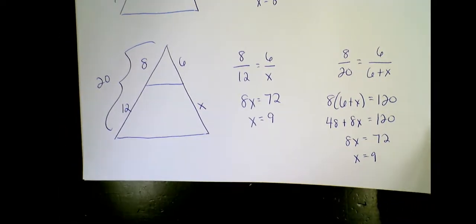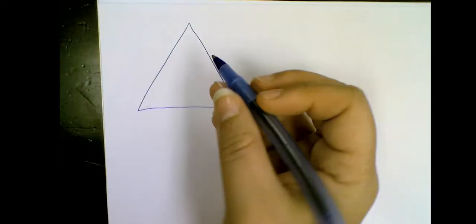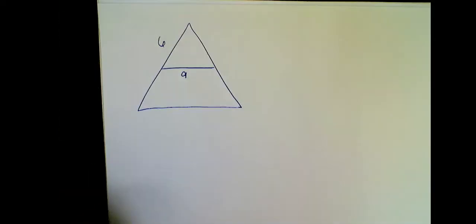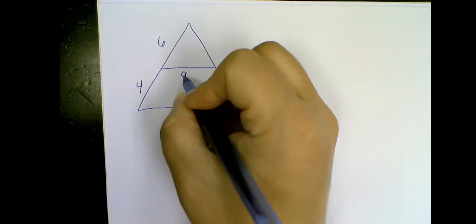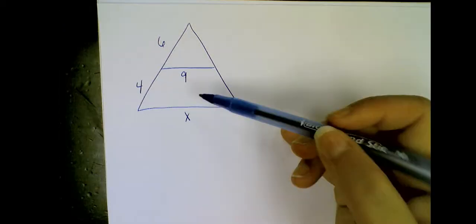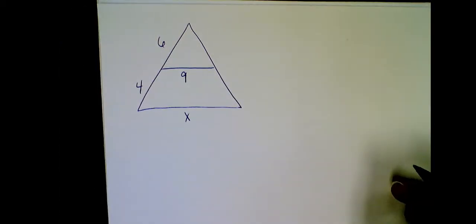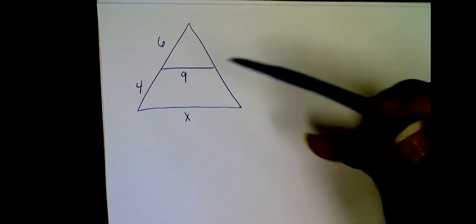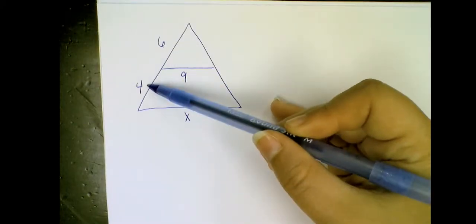Now let's take a look at one where you have the bases. So for this example, we have the 9 and the x that are the whole sides of the larger of the two triangles. So we can't do 6 over 4 equals 9 over x.